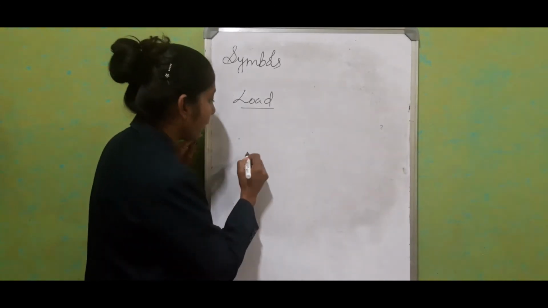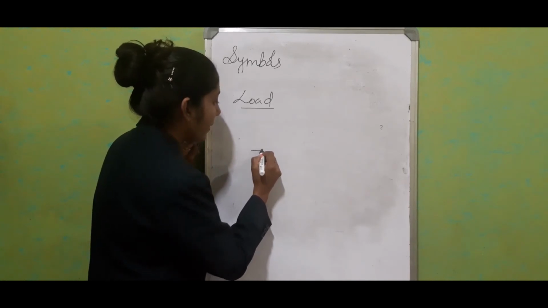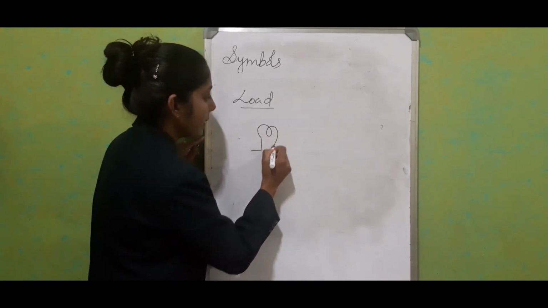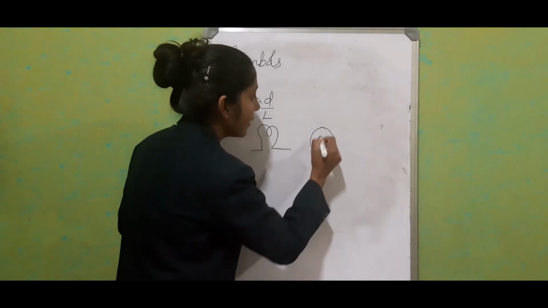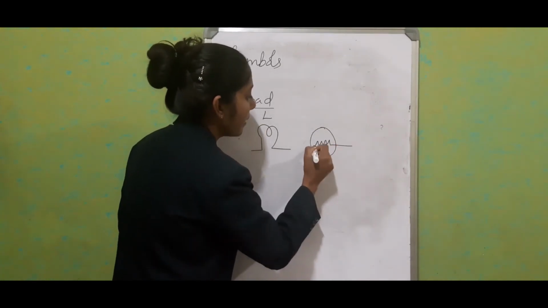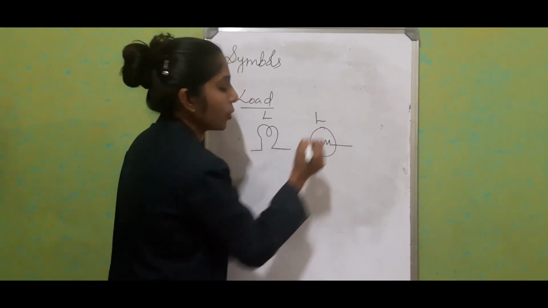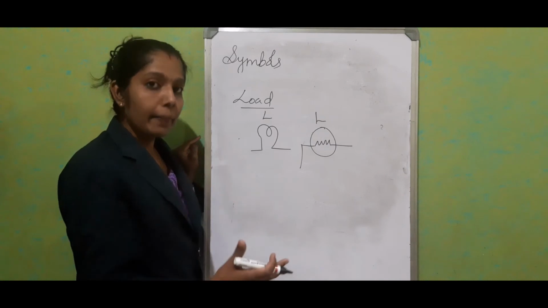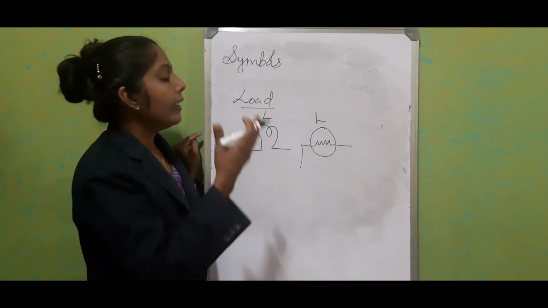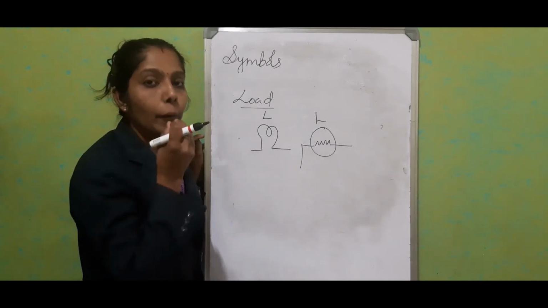If a bulb is there, this is the way we represent it. That is a load. If a heater is there, we represent it like this. This is also a load. So any component or appliance connected in a circuit is known as load.